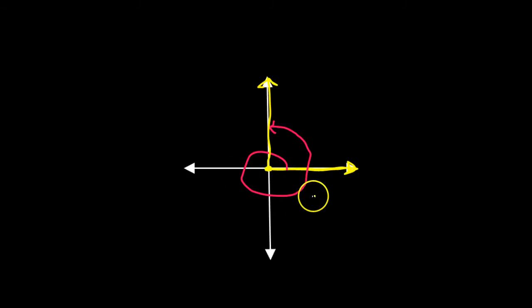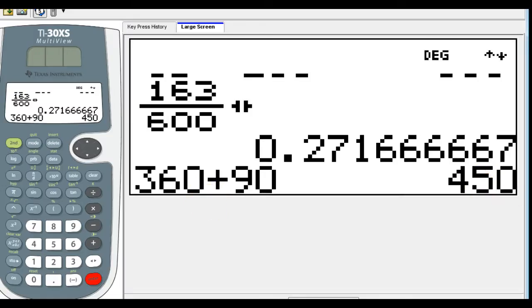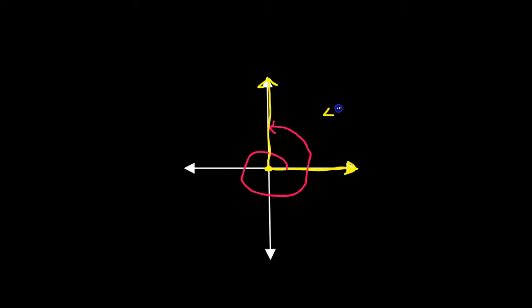And without this curly arrow, it would look like 90 degrees. But the curly arrow is part of the angle. You can't know what's happening without it. So this is actually a picture of 360 degrees plus another 90. So that's going to be 450 degrees.